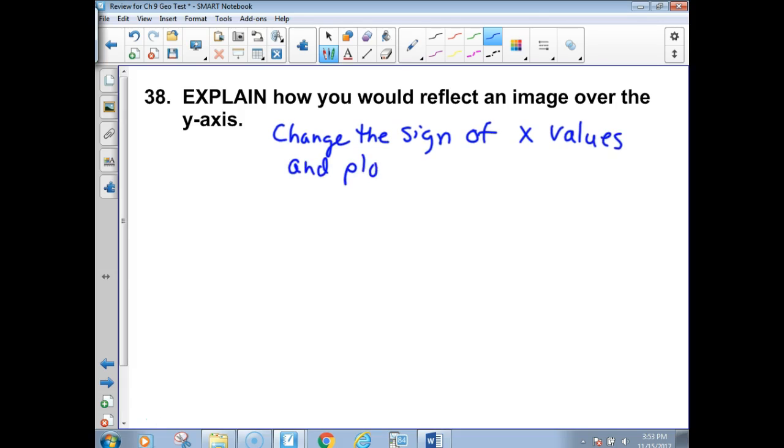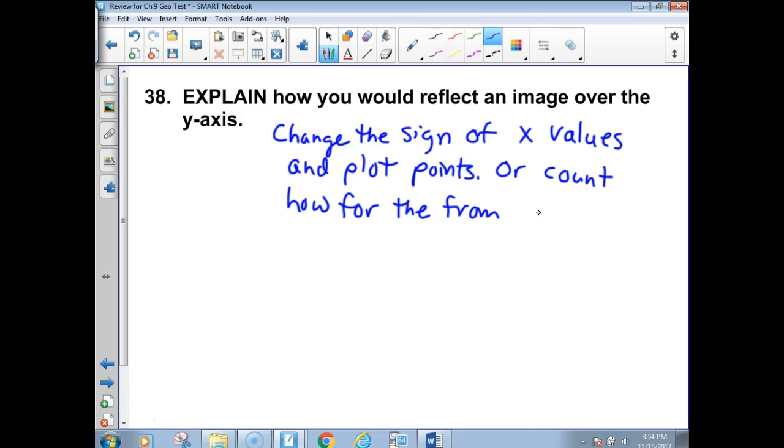Now, there's another way you could describe it. Or you could say count how far the point is from the y-axis, and go the same distance to the other side.